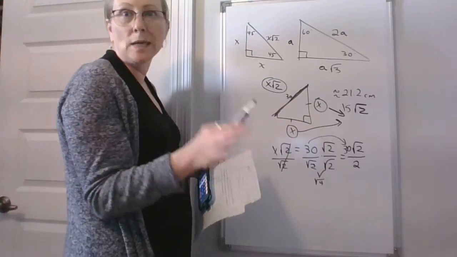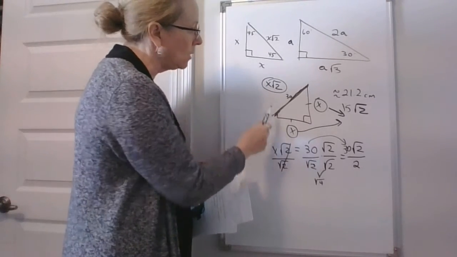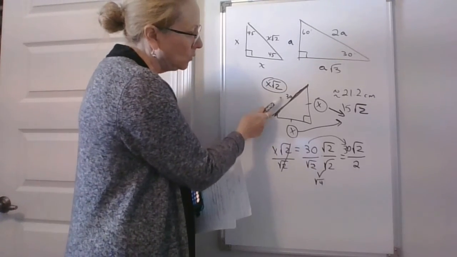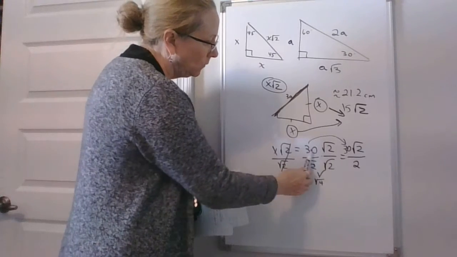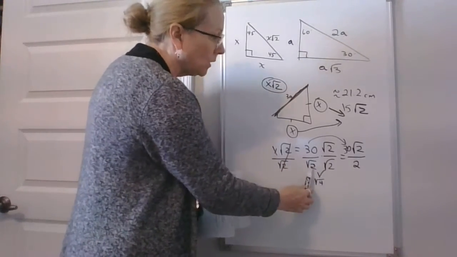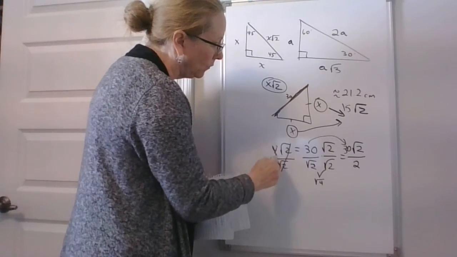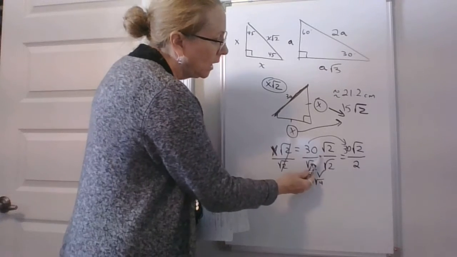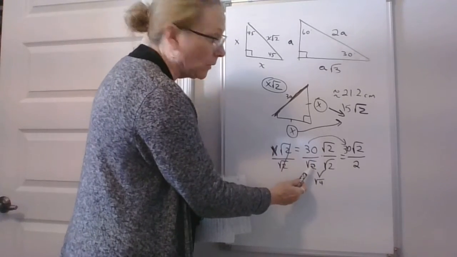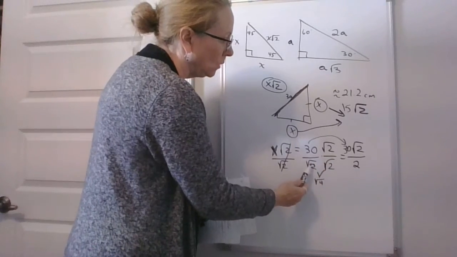So let's review again in case my two flubs mixed you up. Since x root 2 is equal to 30, we set those equal. We divide by root 2. Once we notice that 30 divided by root 2 is not rational and we're looking for our x value here, we multiply by root 2 top and bottom. Then 30 times root 2 is 30 root 2.